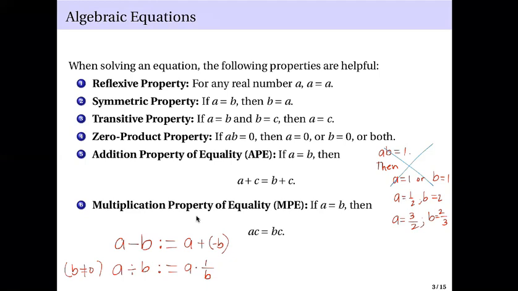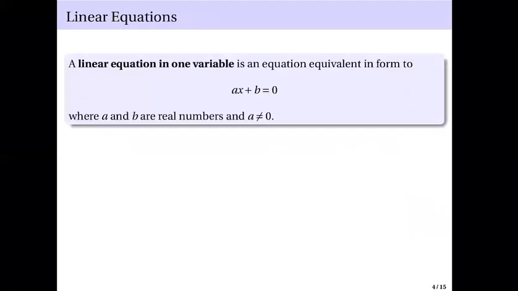So now, what we're going to do later is to use these algebraic properties in solving algebraic equations. For now, let us consider what we call the linear equation in one variable.